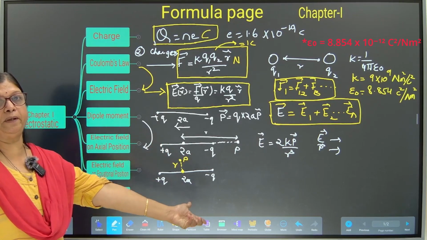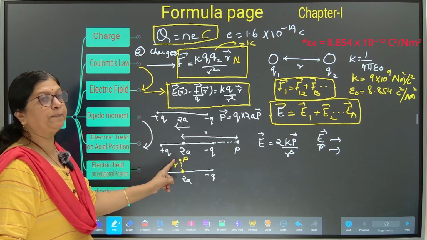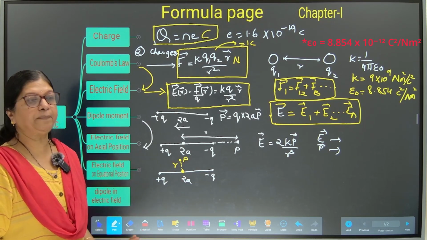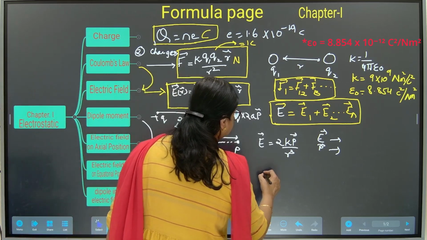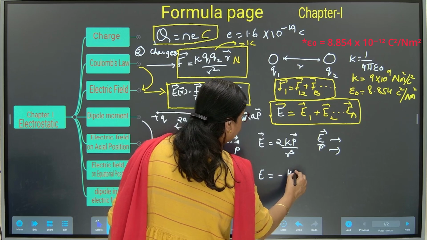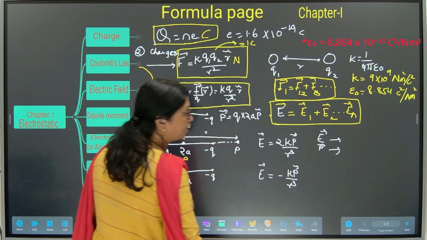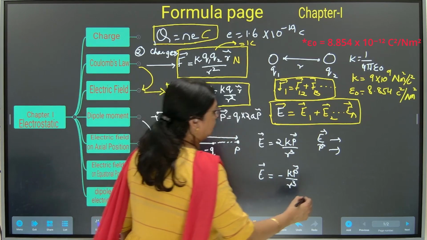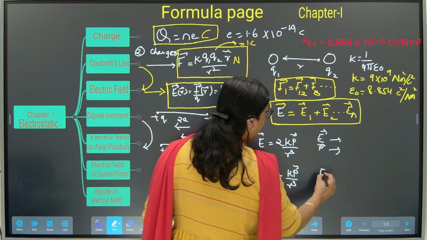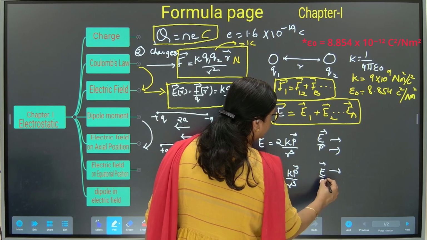Then what is the formula of the electric field due to this dipole at a point P on the equatorial position of the dipole? The formula is E is equal to negative kp arrow on r cube, where the negative symbol indicates that the direction of the electric field and the dipole moment are opposite to each other.